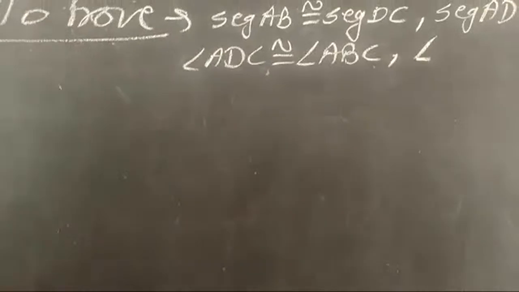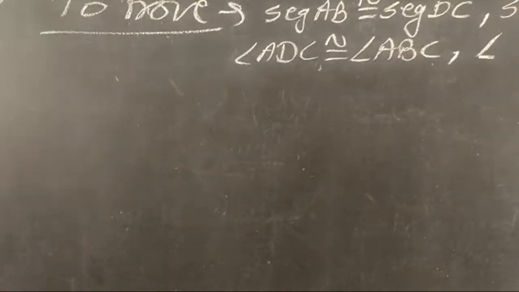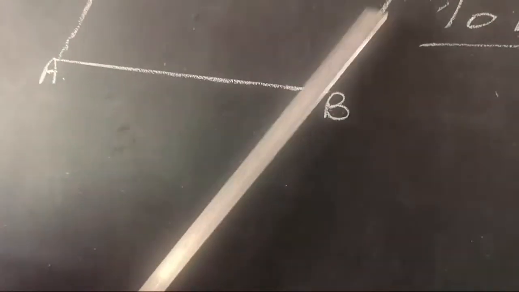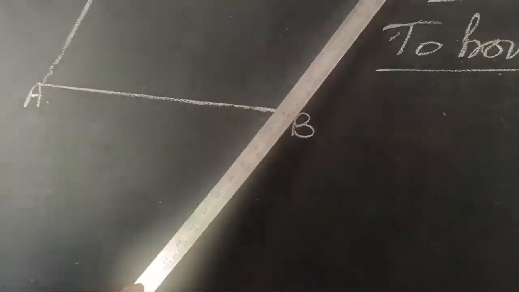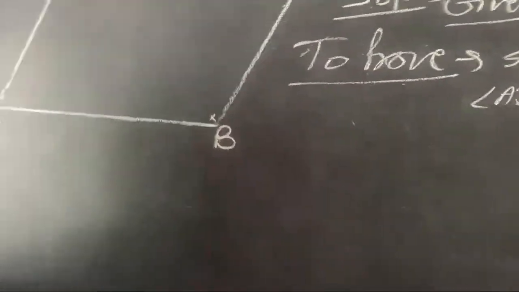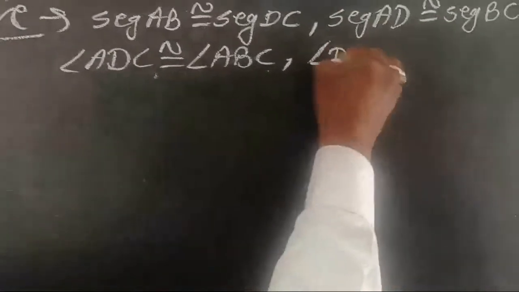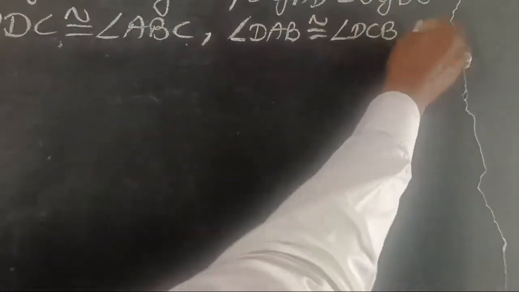And the second pair is angle DAB congruent angle DCB. A and C. Angle DAB congruent angle DCB.